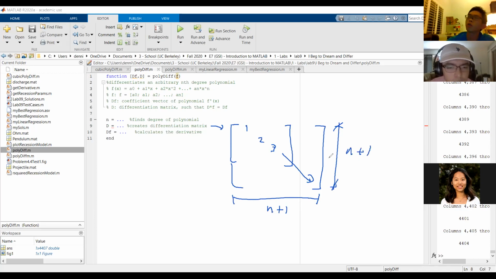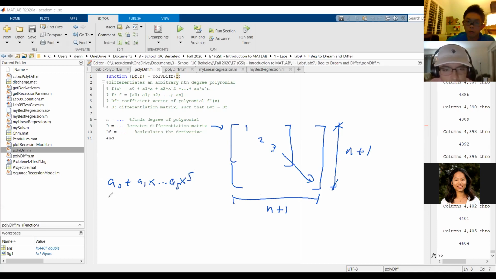Let's say you're order 5. You're going to have A0 plus A1x, all the way up to A5x to the power of 5.